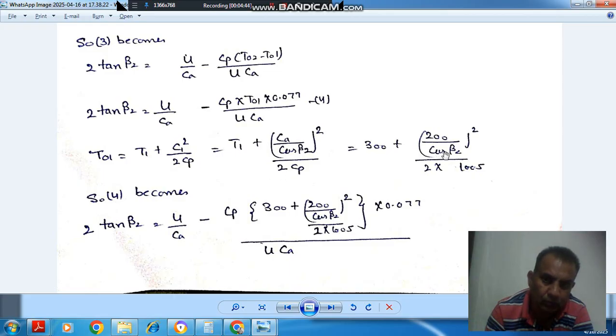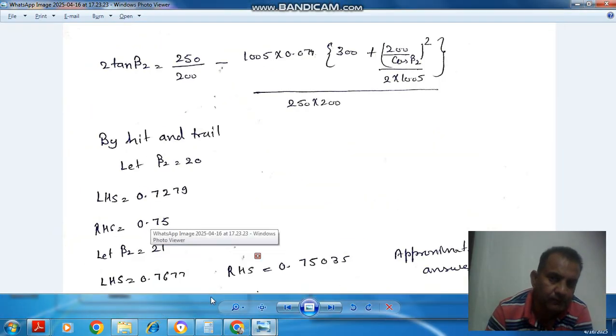The only variable is cos beta 2, and here also the only variable is beta 2. So if we put the value of T01 here, then we get this equation. Now in this equation we have only one variable, beta 2, so that equation can be solved by hit and trial.